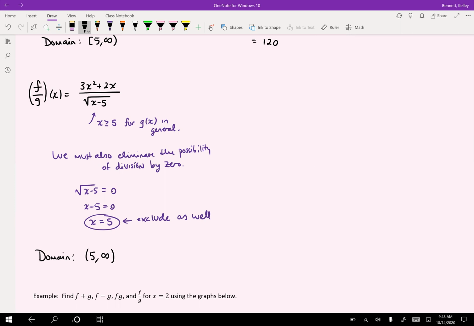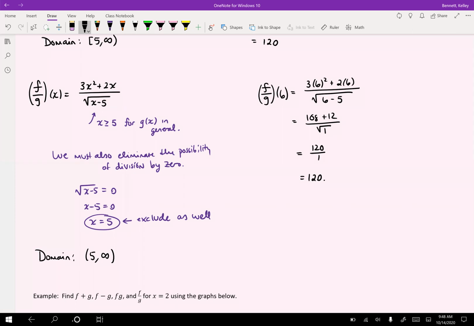So if I want to evaluate f over g of x when x is 6, I've got 3 times 6 squared plus 2 times 6 over the square root of 6 minus 5. So that's going to give me 108 plus 12 divided by the square root of 1. And this is just 120 over 1, which is 120.